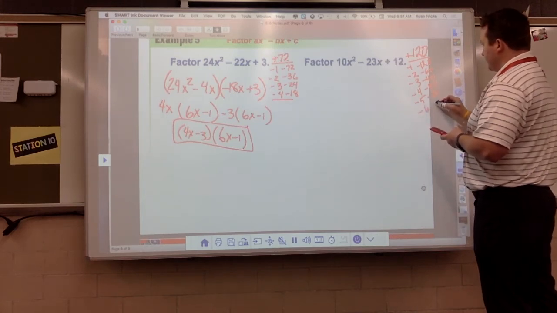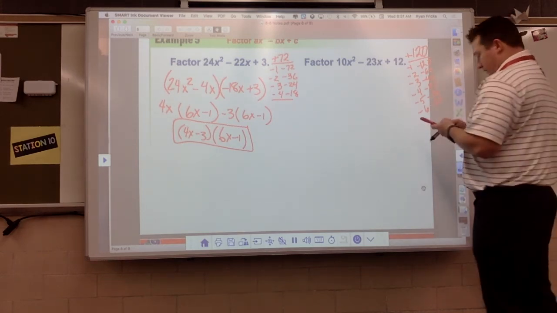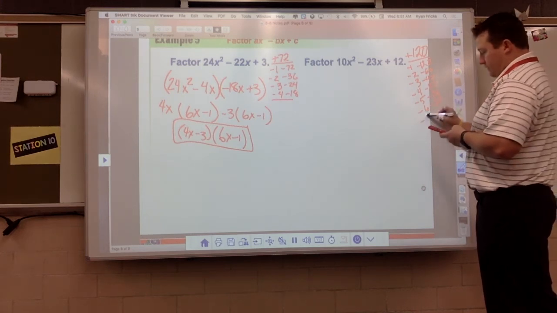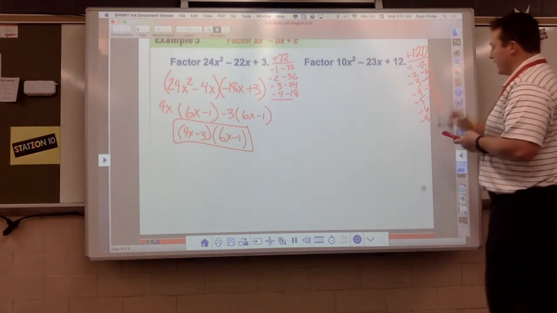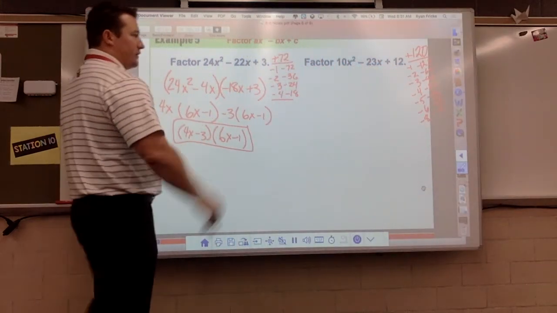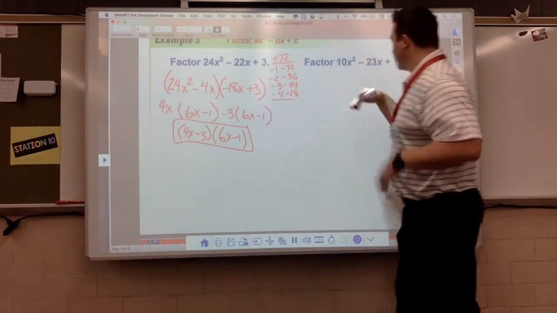Negative 6 and negative 20. Well, there's a lot of factors here, aren't there, right? Let's see. Aha, there it is. Negative 8 and negative 15. Well, that took a while. And that's really, guys, the only annoying part about this is finding the right pair. Okay. Once we have that, we're good to go.